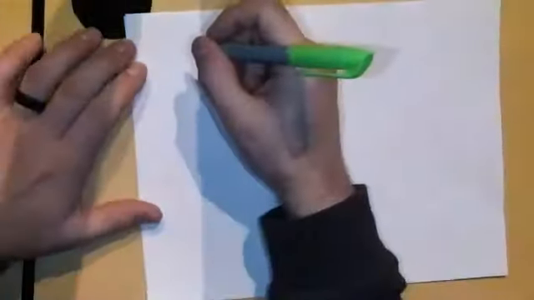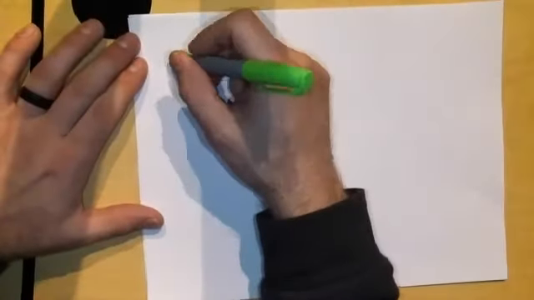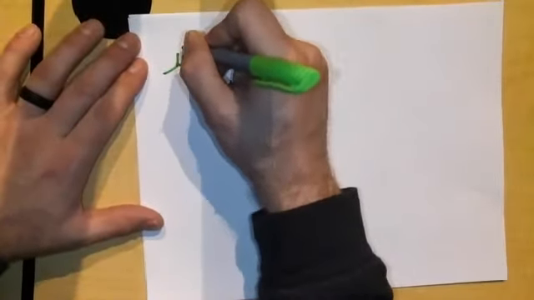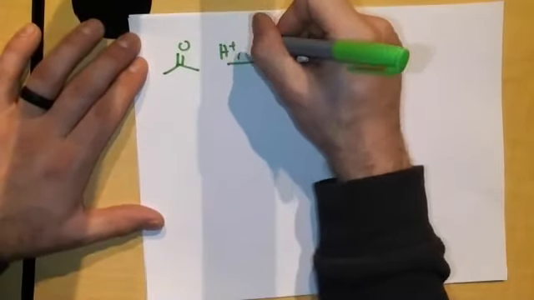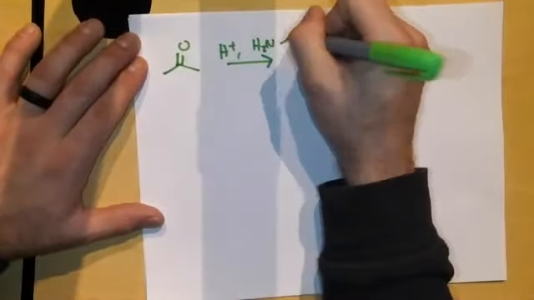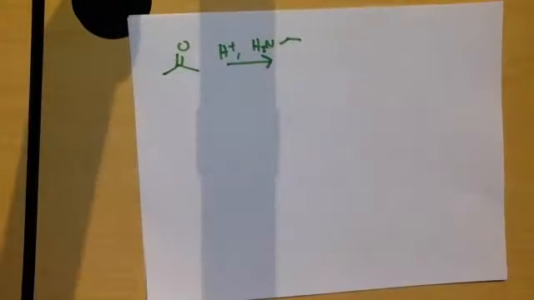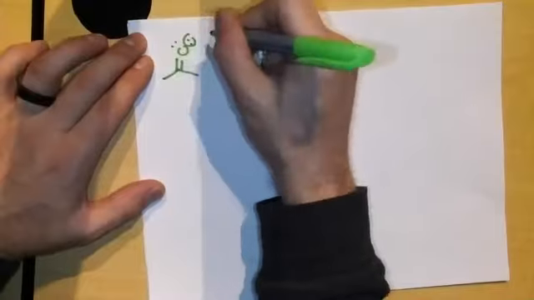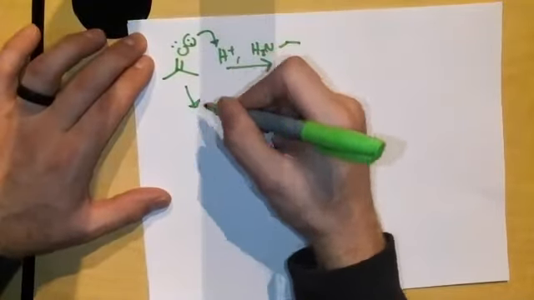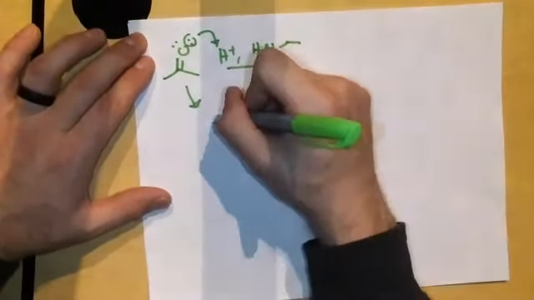So if we take a primary amine, like ethylamine, we're going to have H plus in solution and this primary amine, which has ethyl attached to it. Our first step is going to be exactly the same as it was before. We're going to pick up an H plus. The first couple of steps are going to be the same.